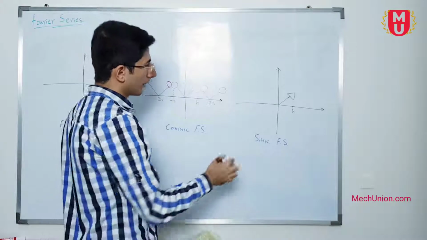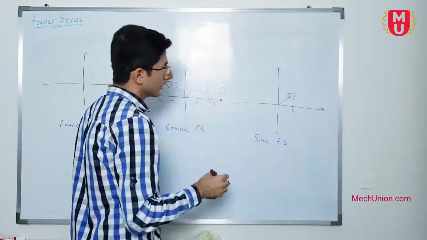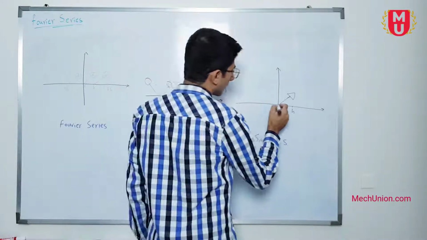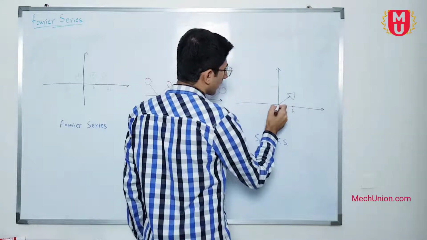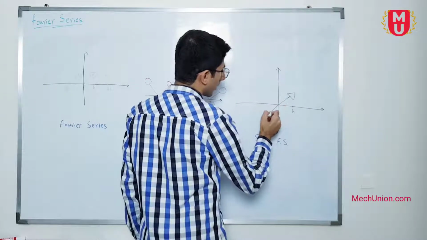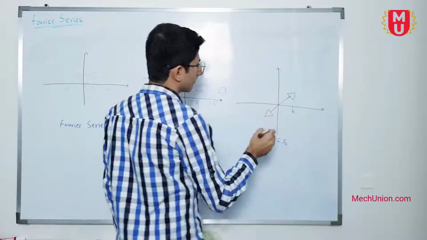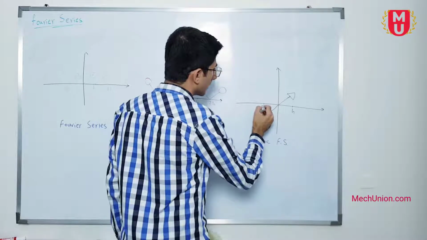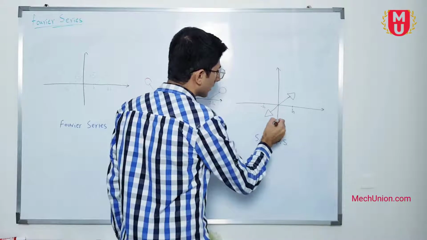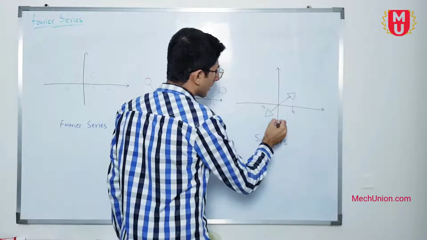If we are asked to find the sine Fourier series, we just make an odd function that looks like this. This is minus h. This is 1, minus 1.